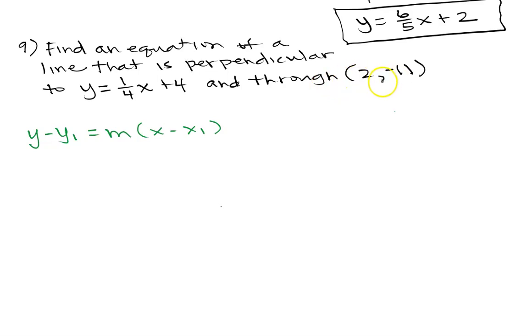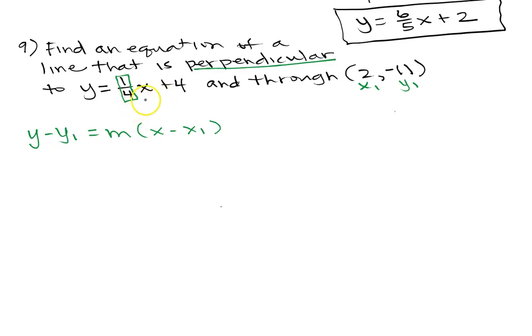Okay, now I'm given a point, so I have my x1 and my y1, but I don't have my slope quite yet. All right, I can see that this number in front of the x, as long as it's in slope-intercept form, that y equals mx plus b form, then the number in front of my x is my slope, but I want it perpendicular to that. So that means I need to flip it and change the sign.